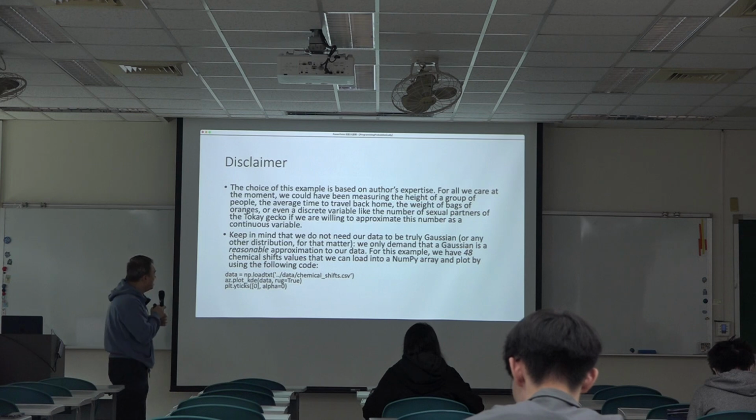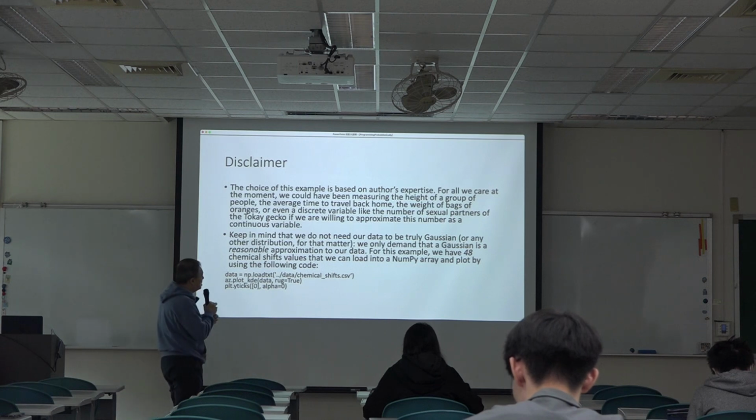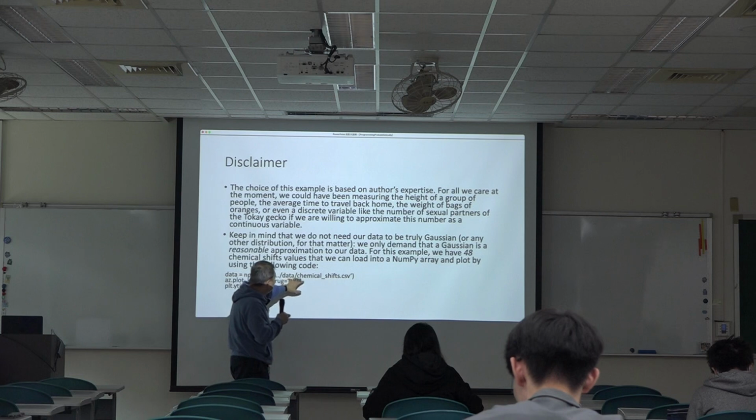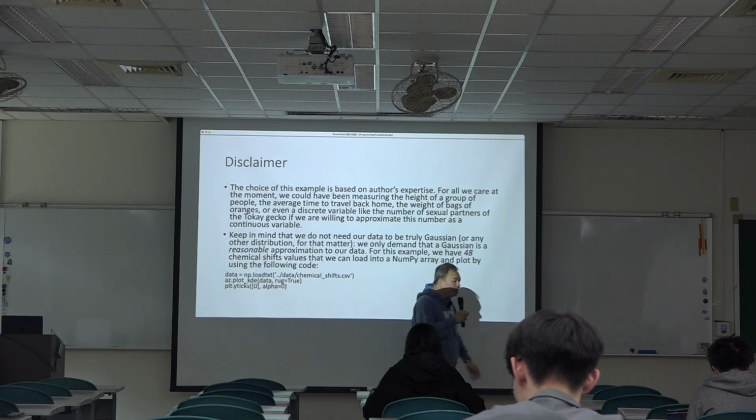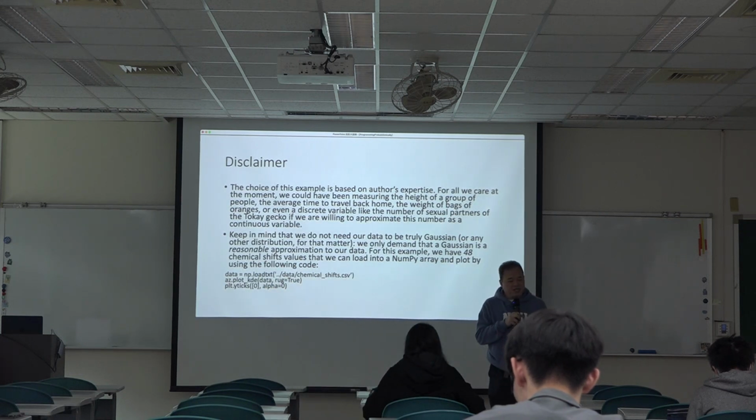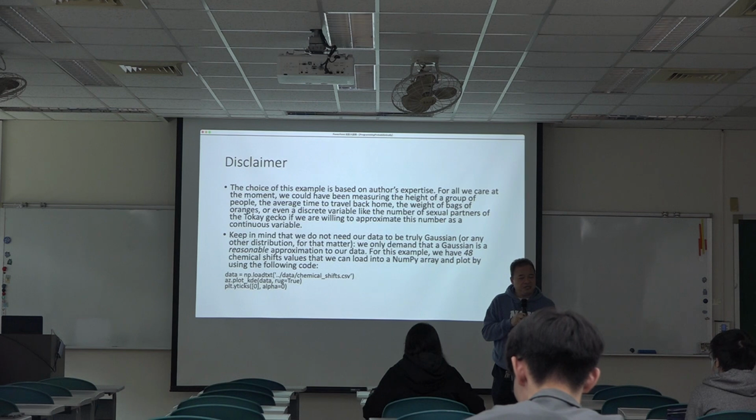So for this example, we have 48 chemical shift values that we can load into a NumPy array and plot with the following code. We first get this data from here. Oh, by the way, this book that I use as a textbook, its code and data sets are freely available online.